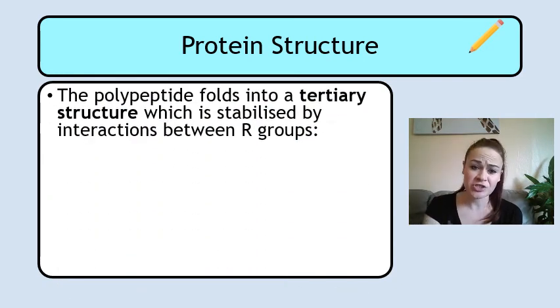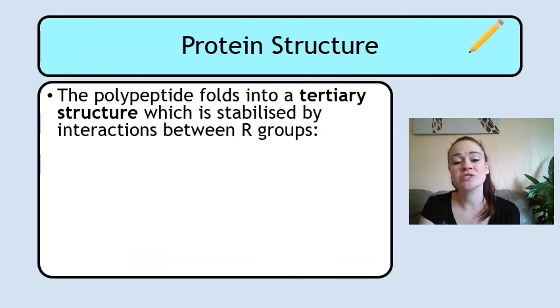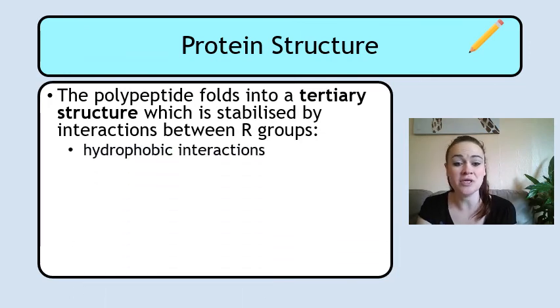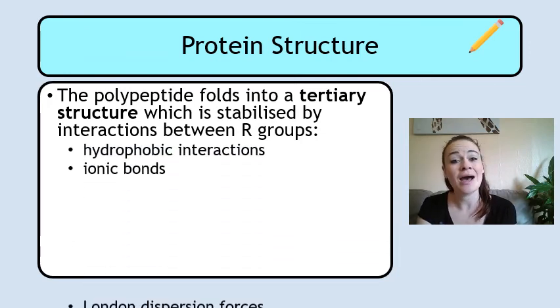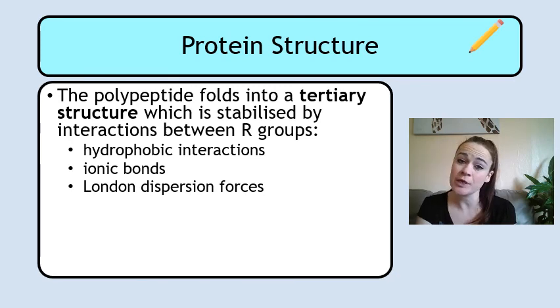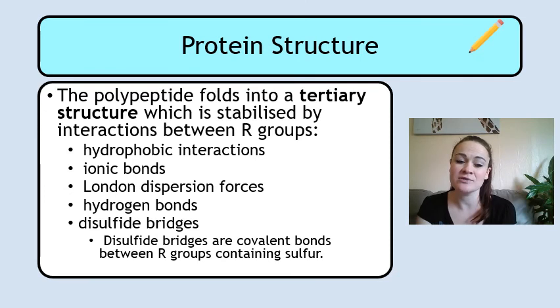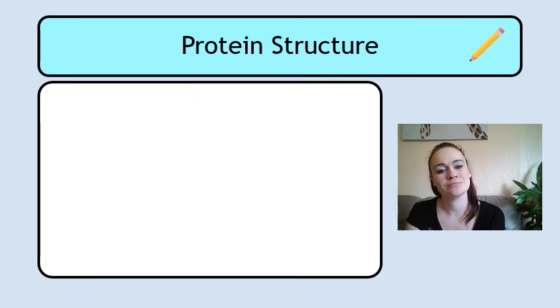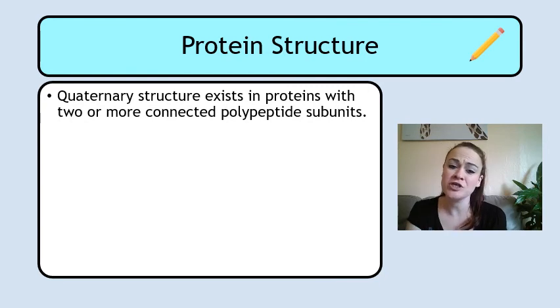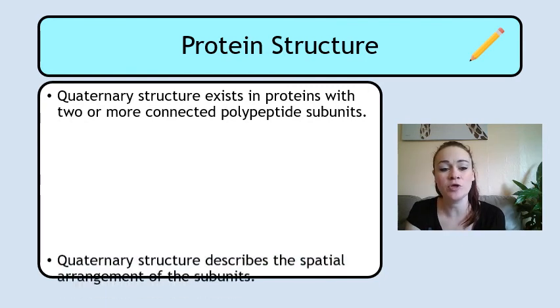The tertiary structure is stabilized by interactions between R groups, which could be hydrophobic interactions, ionic bonds, London dispersion forces, hydrogen bonds, or disulfide bridges. Quaternary structure only exists in proteins with 2 or more connected polypeptide subunits.